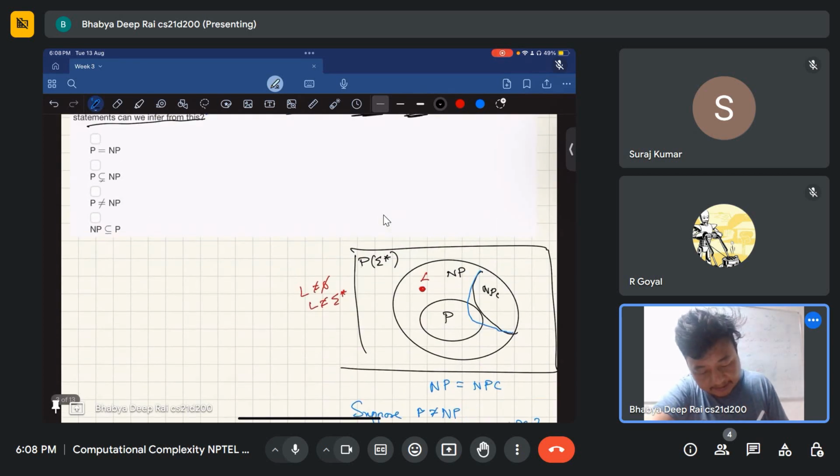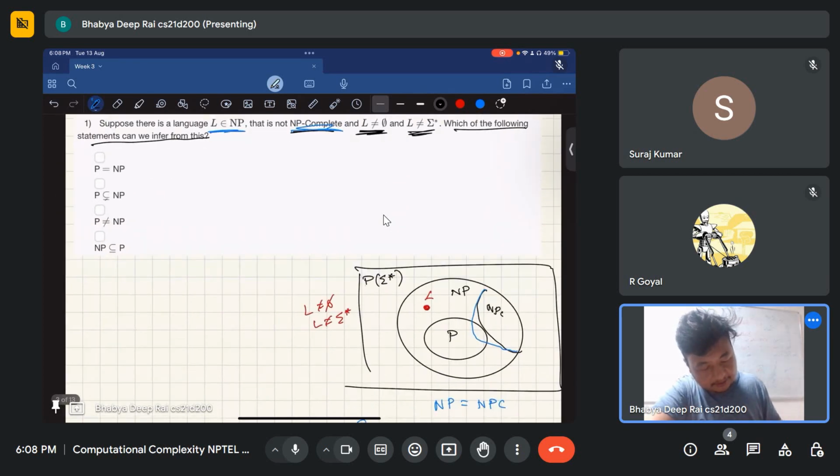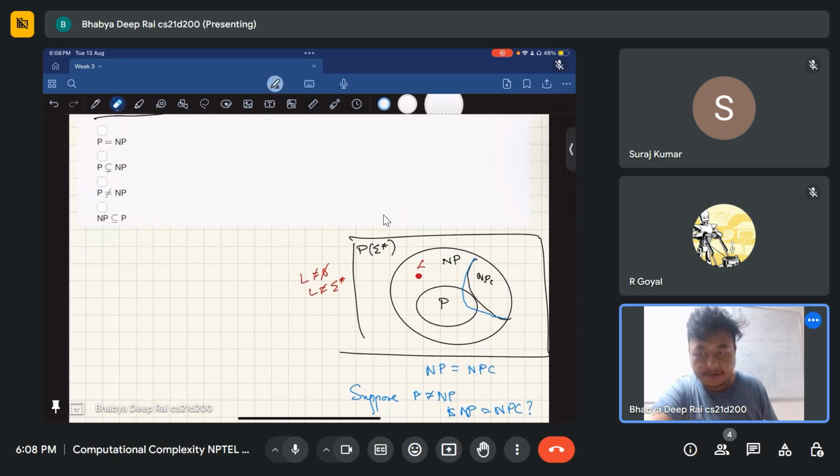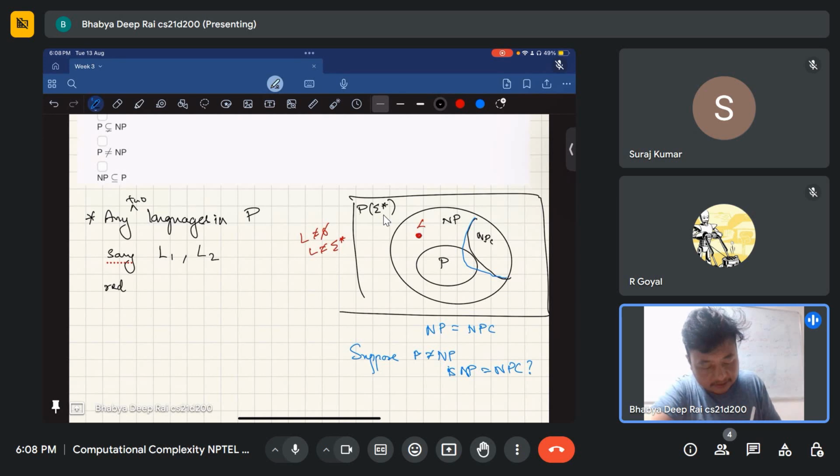The main point to observe here is the following. Any two languages in P, say L1 and L2, reduce to each other in polynomial time.